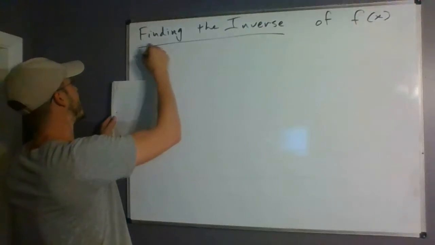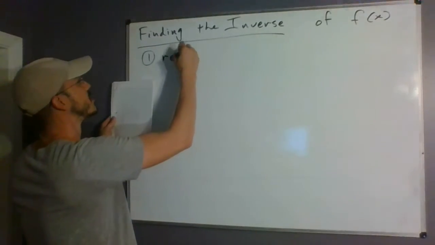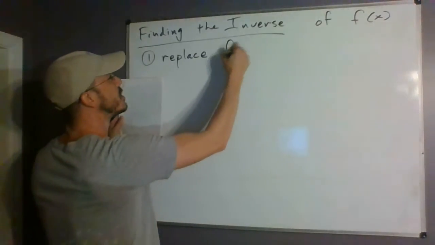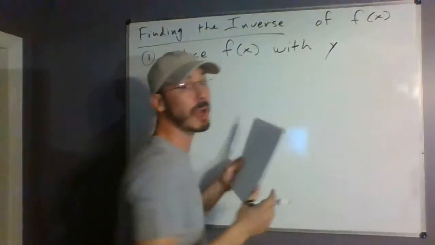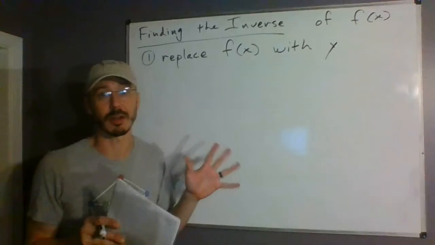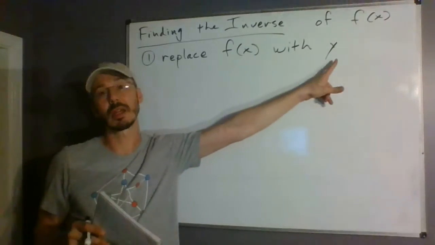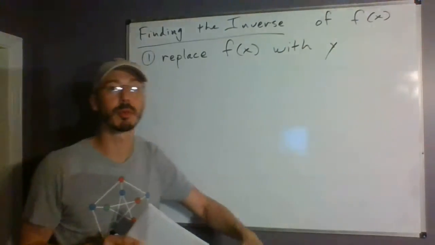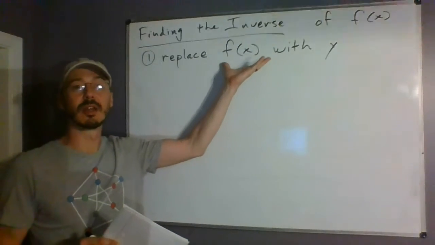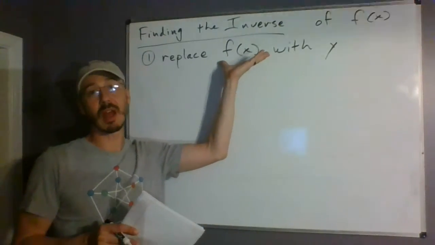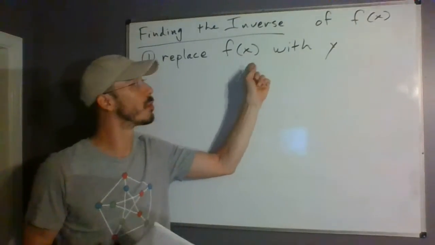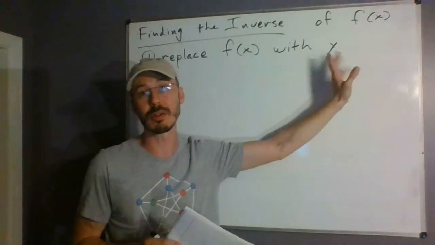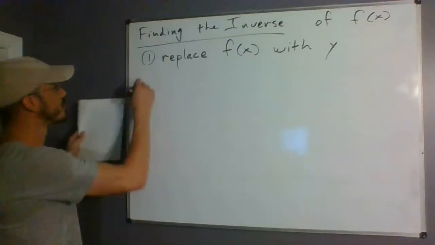So the first step is to replace the notation f of x with y. And I'm not really talking about doing any math here. I'm talking about writing y equals whatever the formula is. Instead of having that symbol, f of x, that's made of 4 separate symbols, y is a single symbol that we're going to use to make things easier to write.